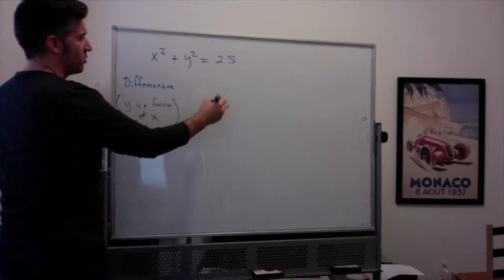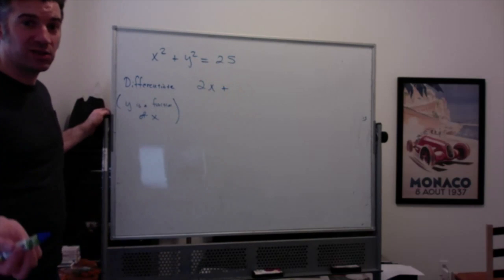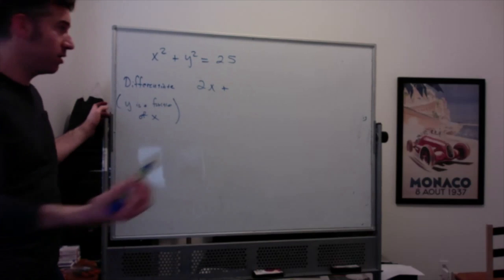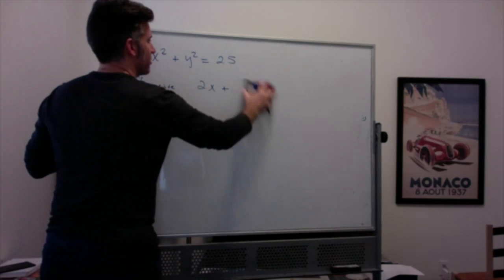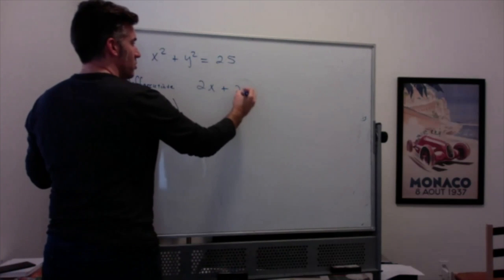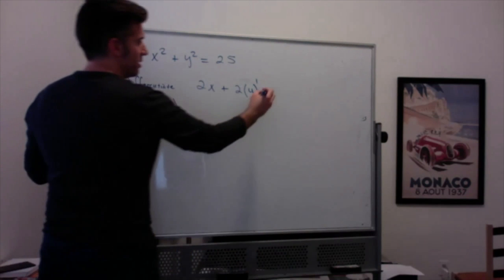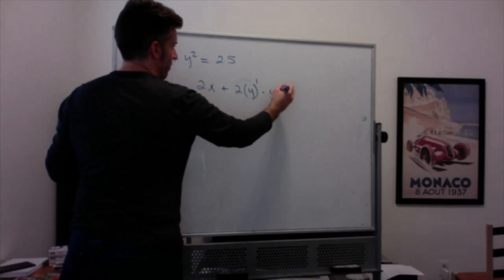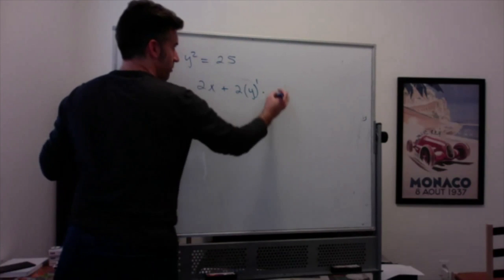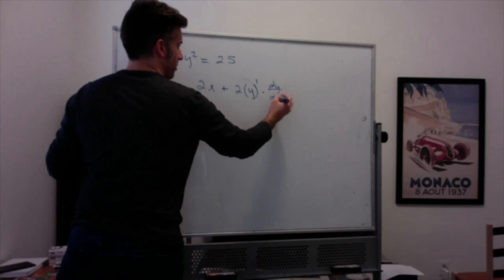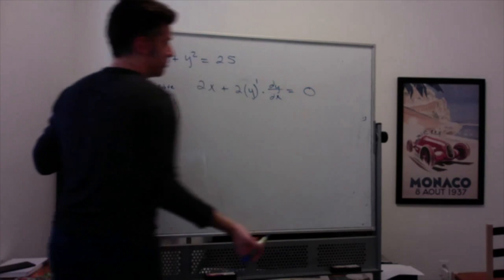The derivative of x squared is 2x, but the derivative of y squared, or some stuff squared, is 2 times my stuff to the first power times the derivative of that stuff, which I'm going to write as dy dx, even though I'm usually going to write it as y prime, equal to the derivative of the other side, which is 0.